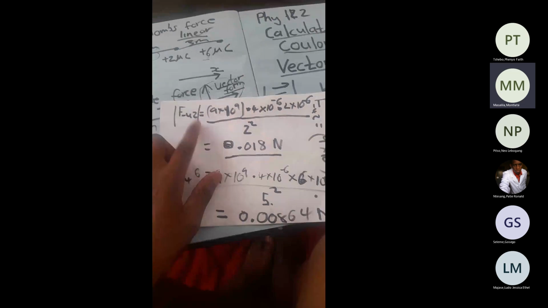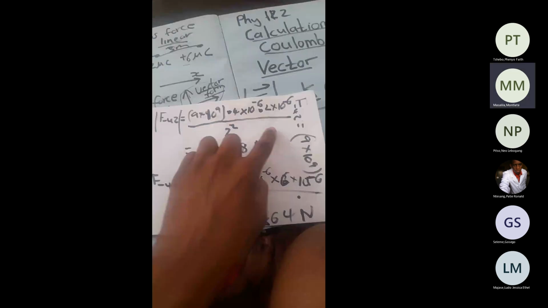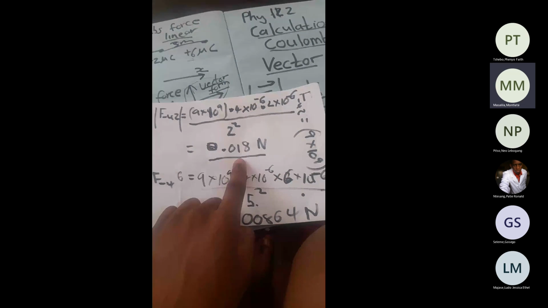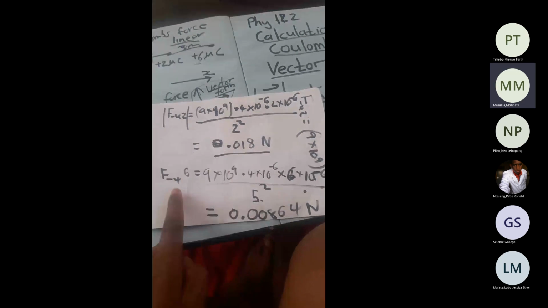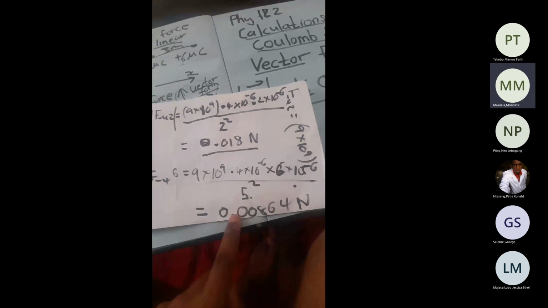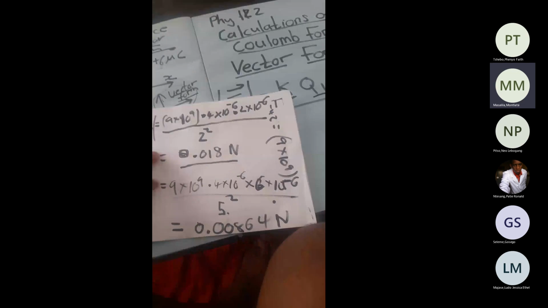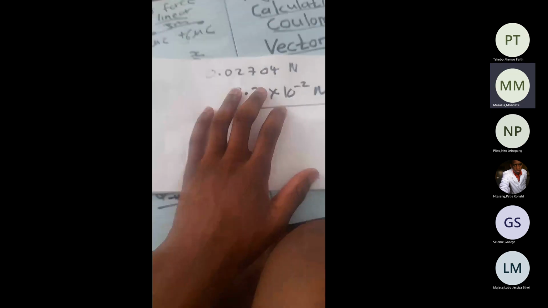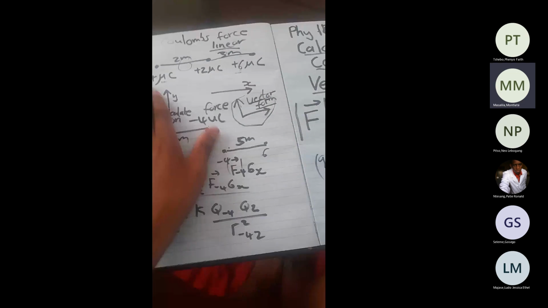The distance is 2 squared. Then force on negative 4 due to 6, here is the distance between them. After that, we add this and this, and we got this. We are done calculating this in linear form.